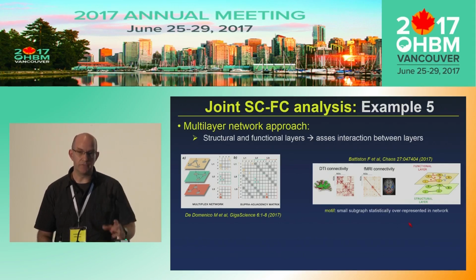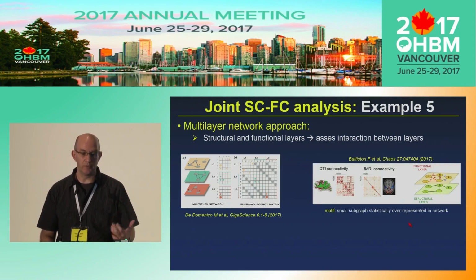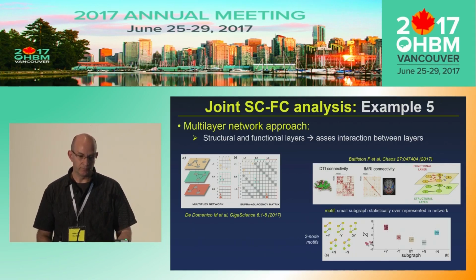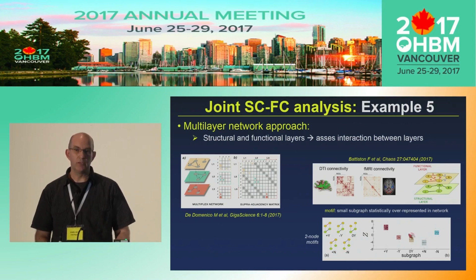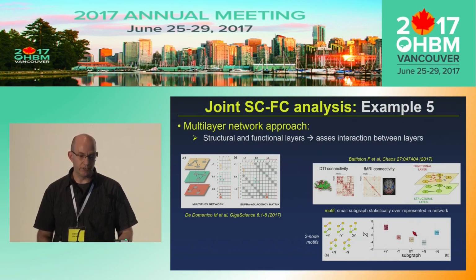In this paper they looked at motifs, which are small subgraphs that are overrepresented within a network. For a simple case of 2-node motifs, these are all the possible combinations: both functional and structural present, anti-correlation and structural present, no function but structural, and so on. And they looked at the statistical distribution of these.